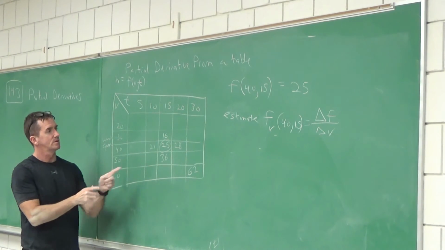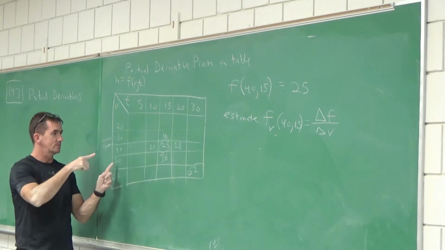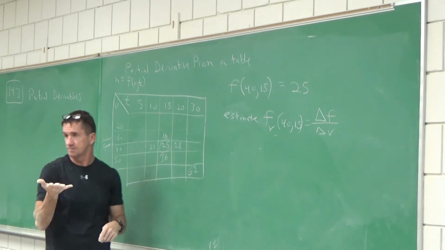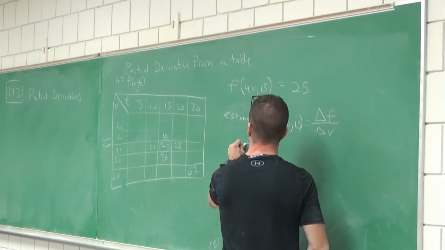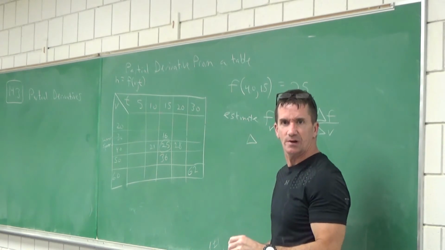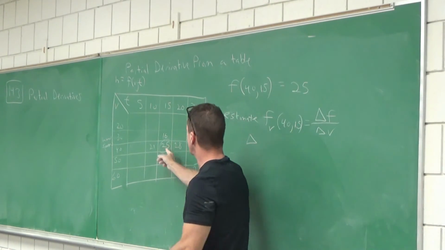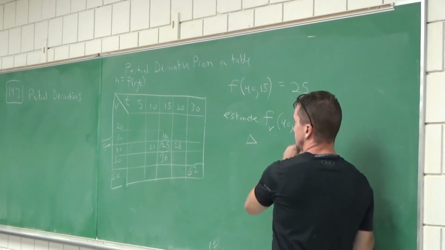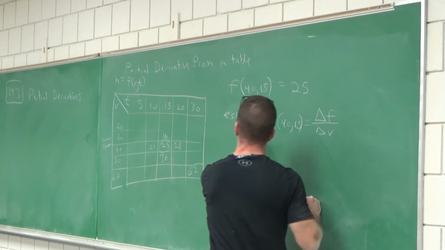I can do 36 minus 25 over 50 minus 40. Will that work? Okay. But these are the closest values, right? So this is one thing I do. Take the closest you can to the 25. So one thing I could do is, for change in F over change in V, I could say 36 minus what?